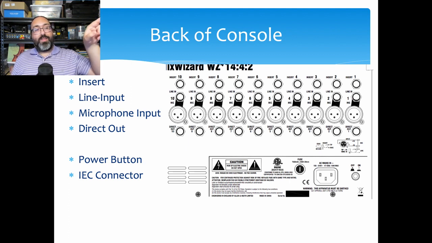What ends up happening is the signal chain goes out of the console through the insert jack, down through to the compressor, back out of the compressor, and then back into the console. So it allows us to insert that compressor into the signal chain and use it in line with the signal chain. There are many other devices and reasons that we might want to use the insert jack.